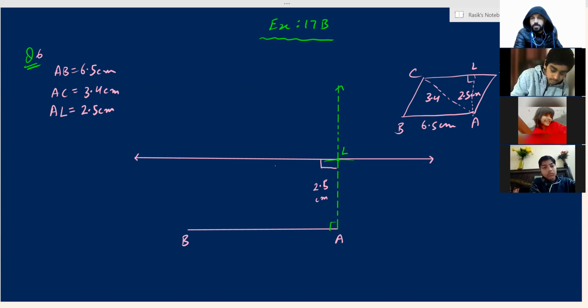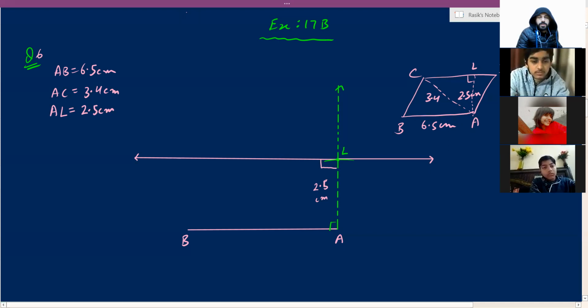Now what we have to do, everyone ready? Have you all done this much? Yes, sir. Now, what is the length of AC? It is given in the question, the diagonal AC is 3.4.